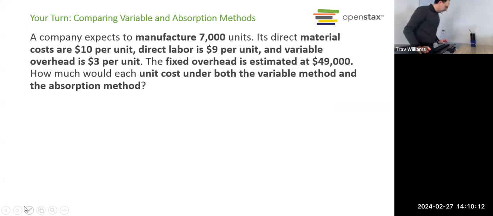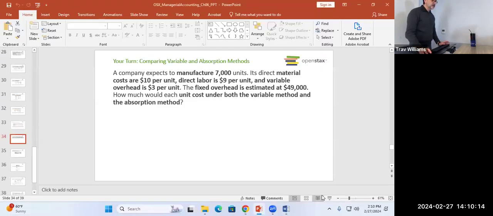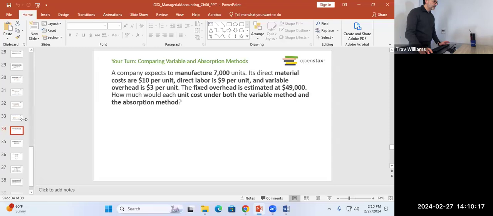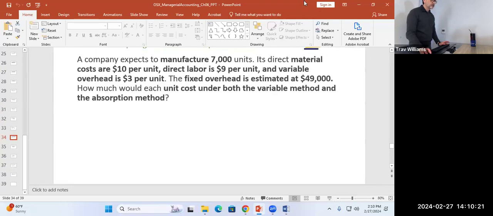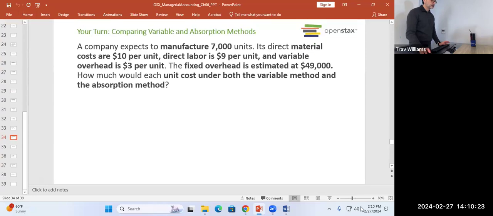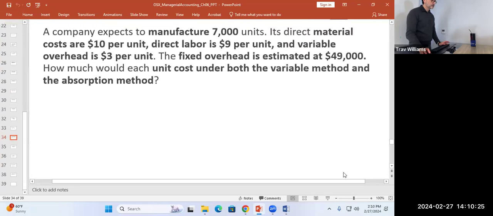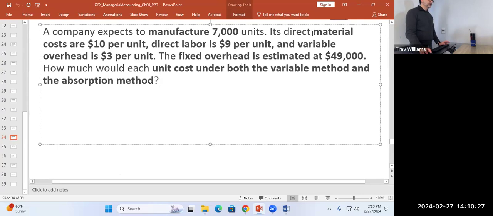So this company, as it says, is making 7,000 units. All right, let's make that bigger. Okay, 7,000 units. We are trying to figure out the cost per unit under both variable and absorption.